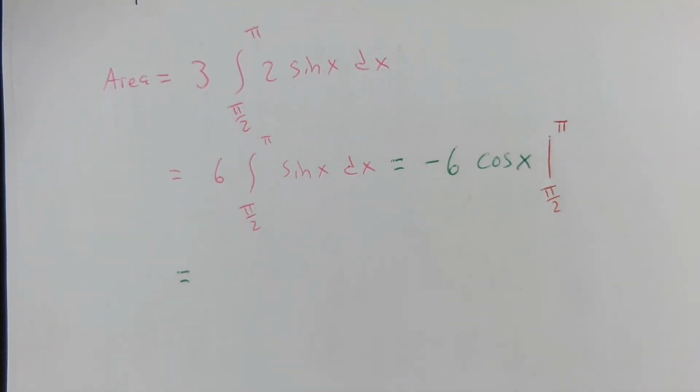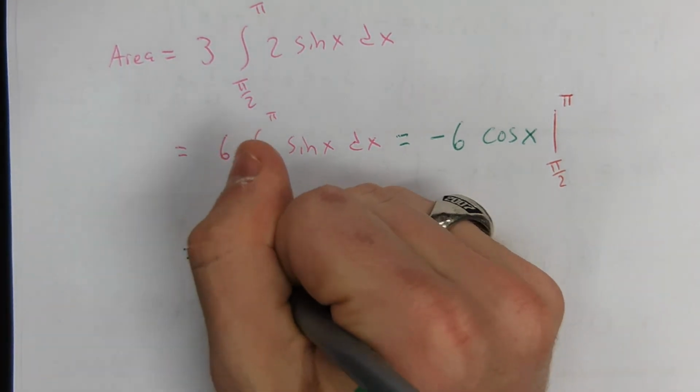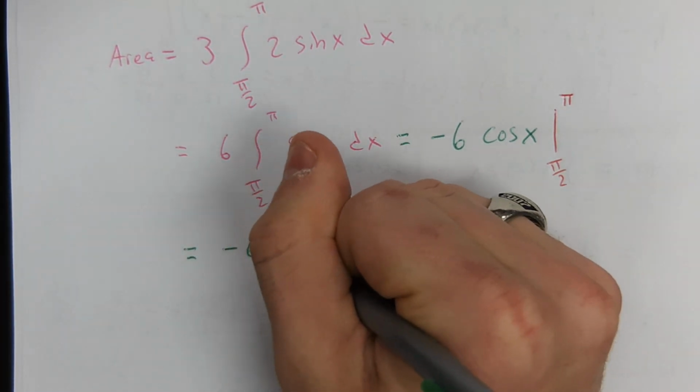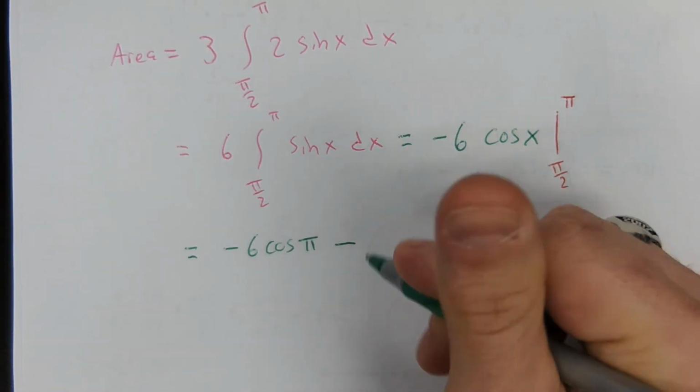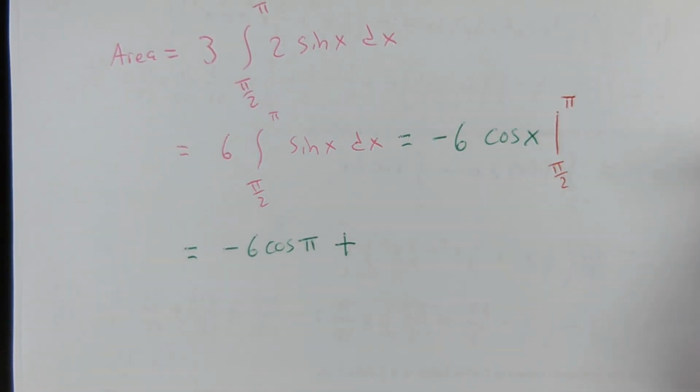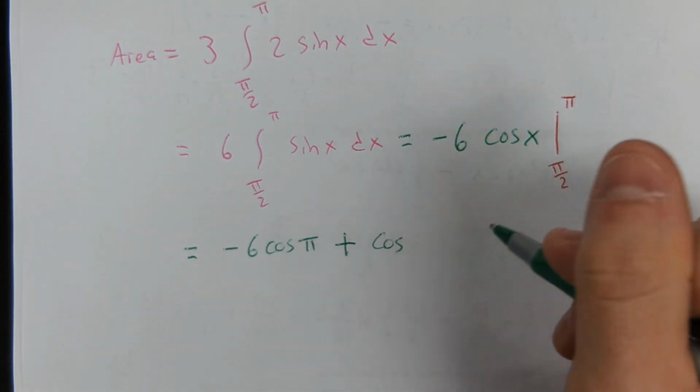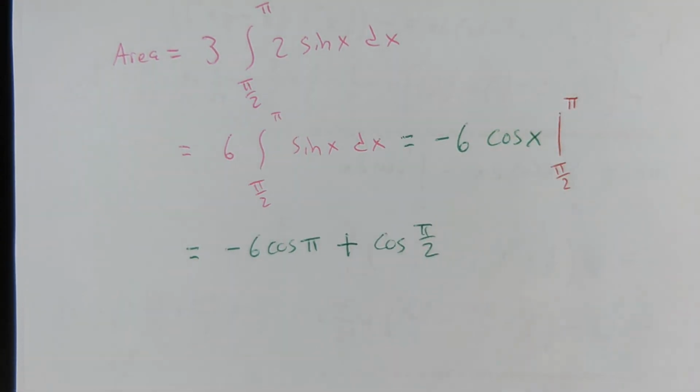Okay. That gives me negative 6 cosine of pi, minus negative 6 cosine of pi over 2. So you would just need to be able to evaluate cosine.